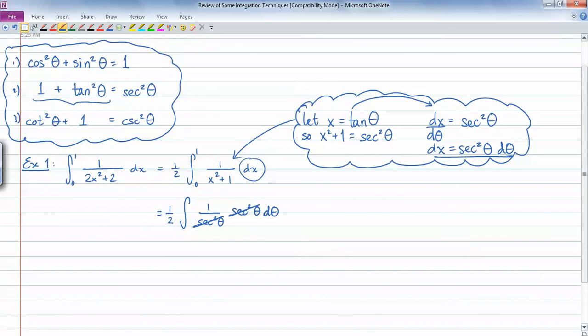So you can plug in the theta values here, or if you're going to switch everything back to x at the end anyway, then you can also just say this will be whatever theta is when x was 0 to whatever theta is when x is 1. And then at the end, when we switch back to x's, you can just switch that back to 0 and 1.